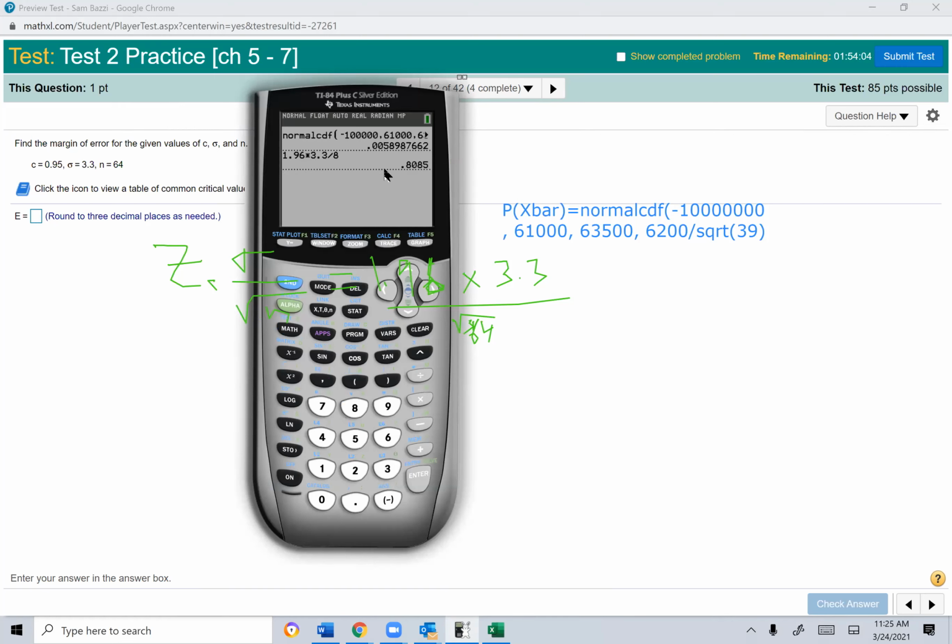Assume the population standard deviation. Once you see this word right here, now it is Z. If I don't say assume population standard deviation, be sure it's T. Remember what I said here. That's very, very important.